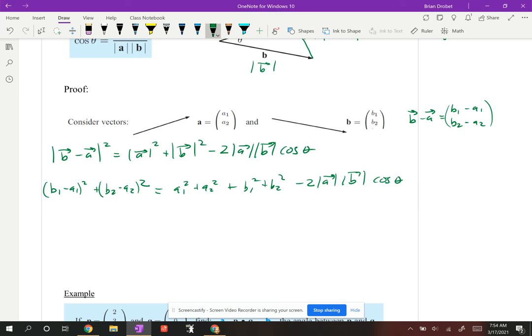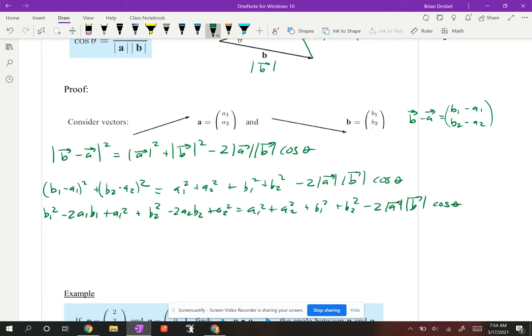So I'm just going to expand out the left-hand side. Now I have B1 squared minus 2 A1 B1 plus A1 squared plus B2 squared minus 2 A2 B2 plus A2 squared is equal to A1 squared plus A2 squared plus B1 squared plus B2 squared minus 2 magnitude A, magnitude B, cosine of theta.